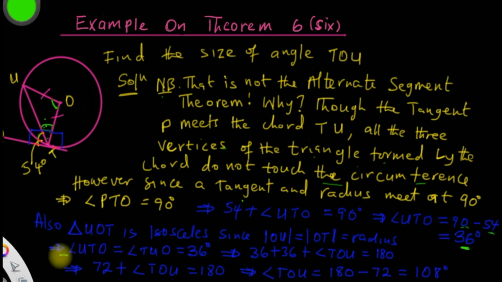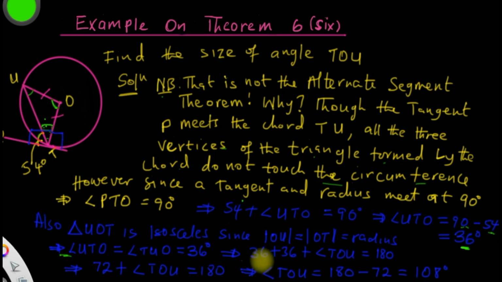So angle UTO is equal to angle TUO, which is 36. If you add this 36 plus this, we have to get 180 degrees, the total of the angles in a triangle.